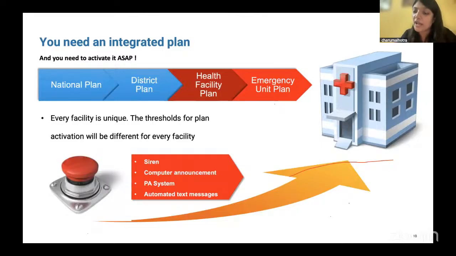Our first goal is to mobilize teams in the hospital to create these zones, and then if we can get further teams, we can mobilize them and use them further. The basic goal is, while we are making and testing our plans, we need an alternate system of communication which is different from the usual system, because we expect that during a mass casualty, our usual system of communication will be hampered.